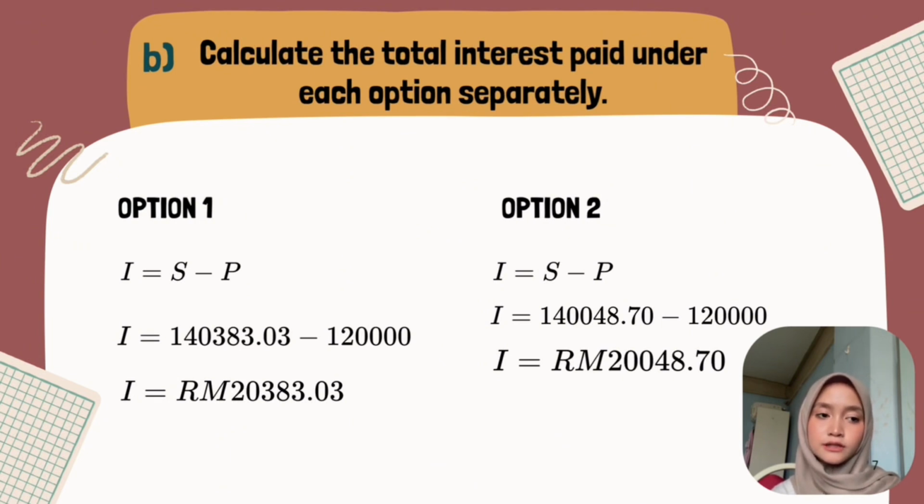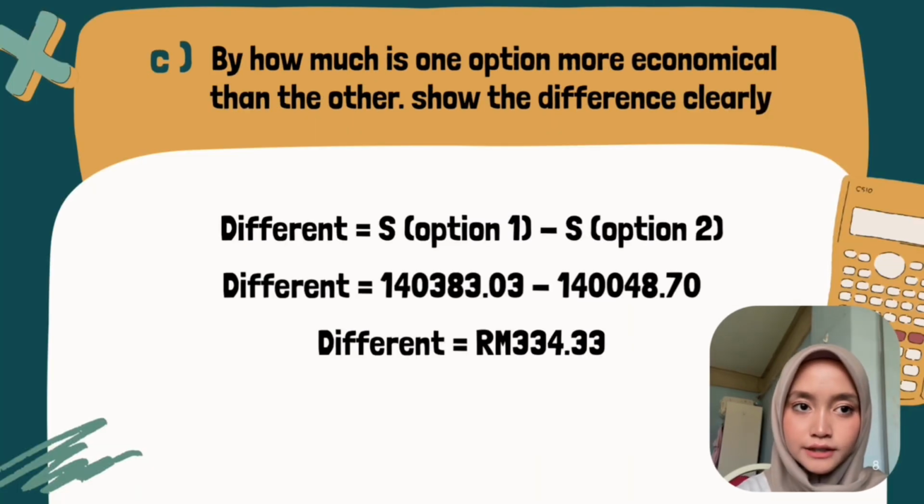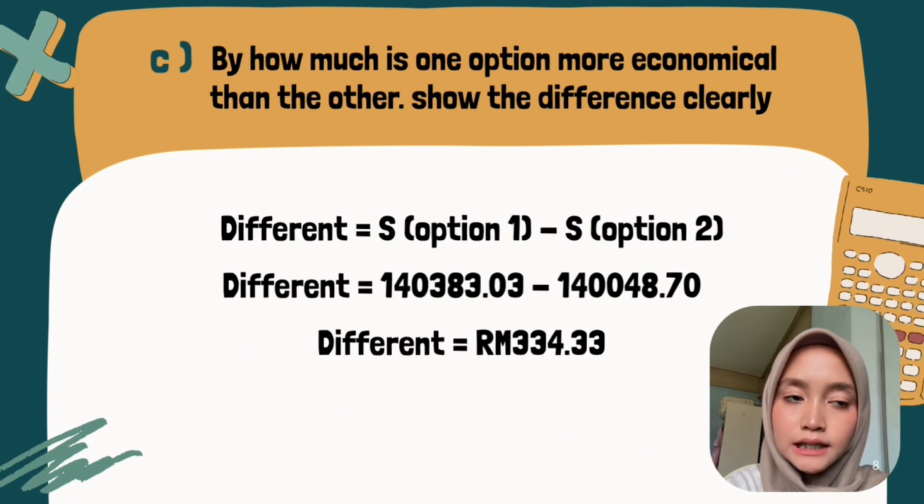For the next option, we also use the same formula and the value of S we took from the previous question, which is I equals 140,048 ringgit and 70 cents minus 120,000, and the answer is 20,048 ringgit and 70 cents.